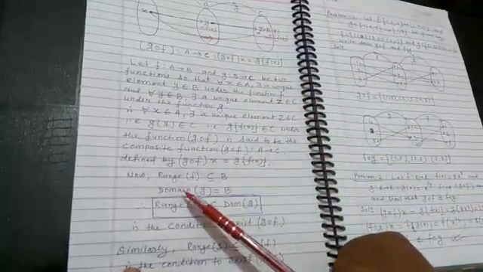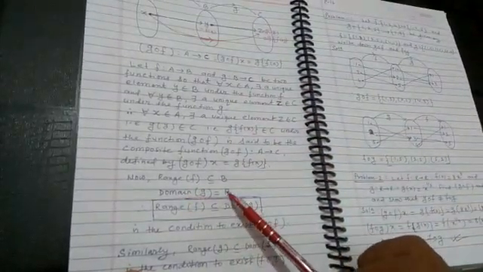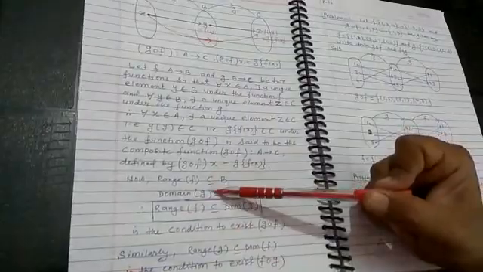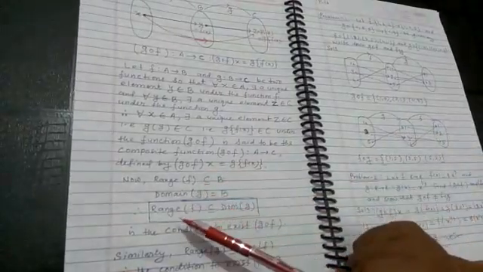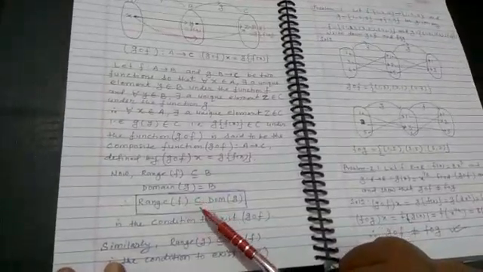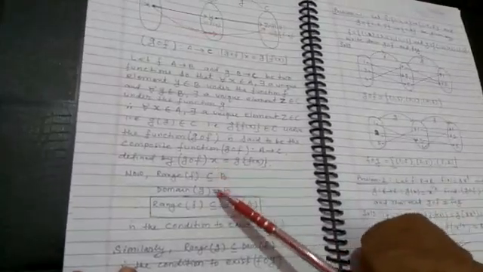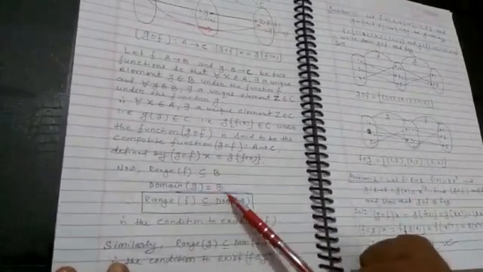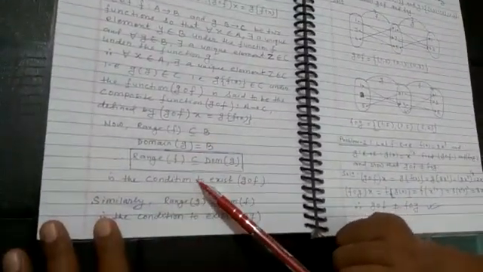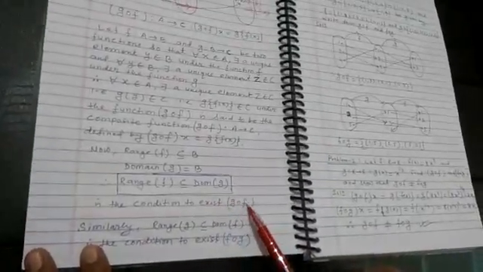So therefore domain of g equal to B. So the conclusion of these two can be written as: range of f function is a subset of domain of g function. This is the conclusion of these two, and this is the condition for the gof function to exist.